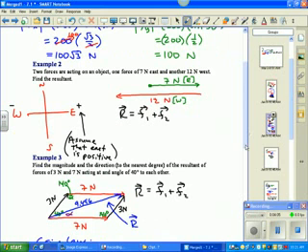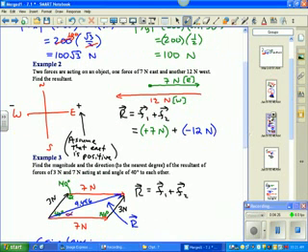Well, knowing that east is the positive direction, our first force is going to be positive 7 newtons. And now our second force, because west is considered negative, is actually negative 12 newtons.